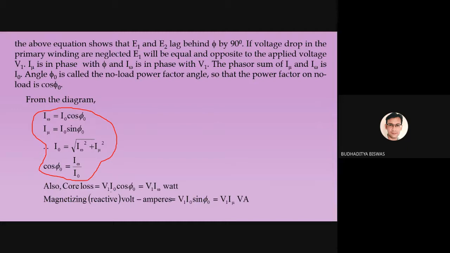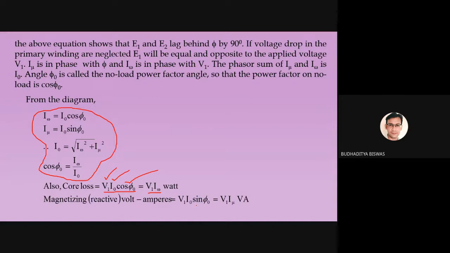Also core loss equals VI cos phi, because the power formula for AC is nothing but VI cos phi. Here V means the supply voltage, I means the current circulating in the primary winding, and cos phi 0 is the angle between them. So V1 into I0 into cos phi 0, and I0 cos phi 0 means Iw, so V1 Iw watt is called the active power or the core loss.